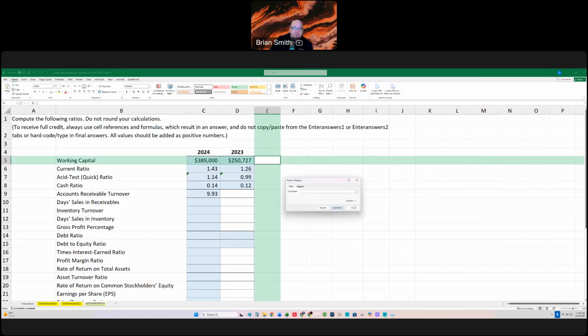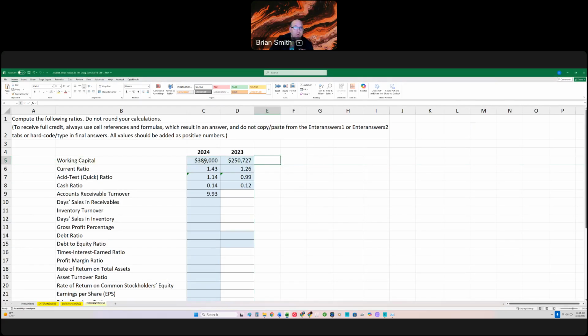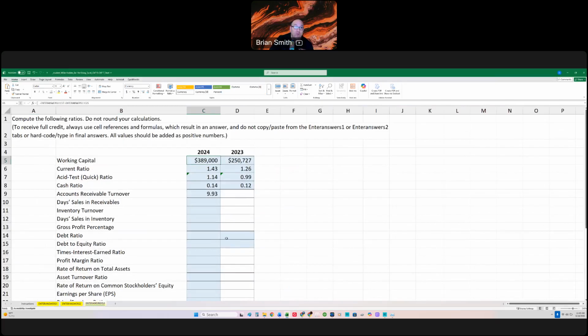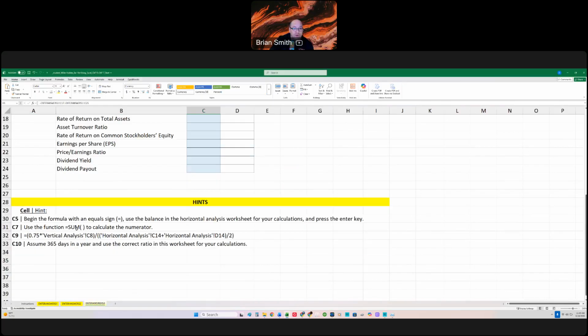Dang it, I forgot. Oops, close. It won't work because of cell C17. Let's see. Copy paste answers. All values should be added as positive numbers. See, it doesn't say where to pull it from.